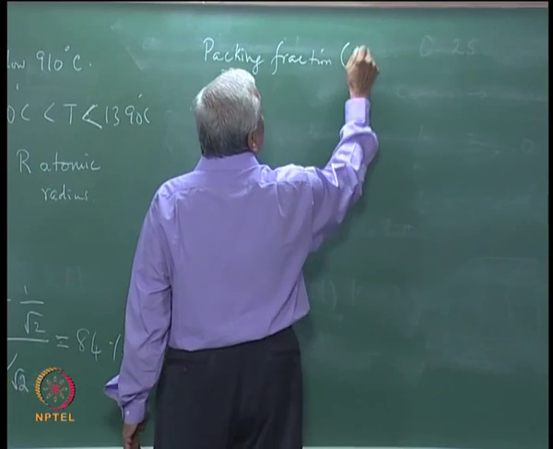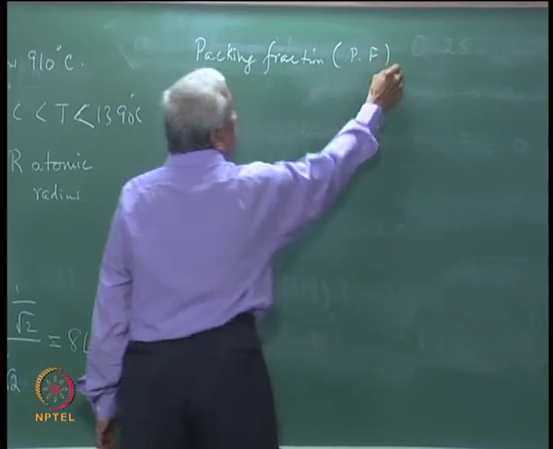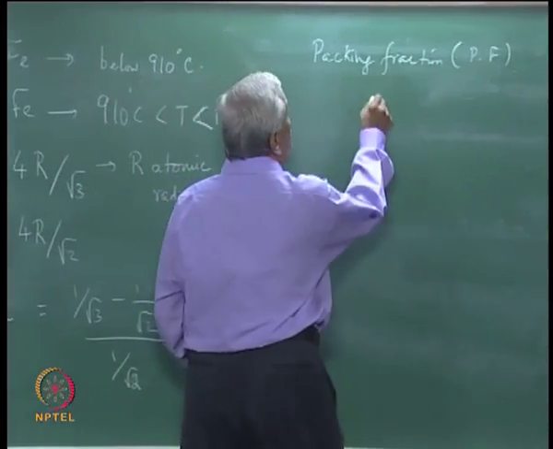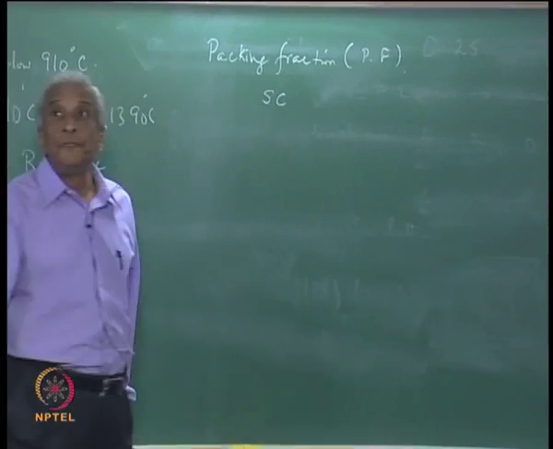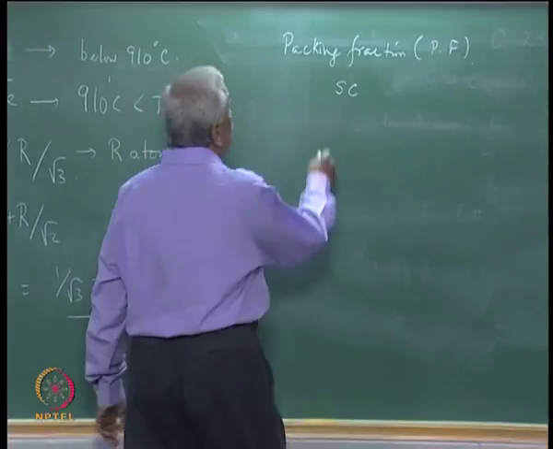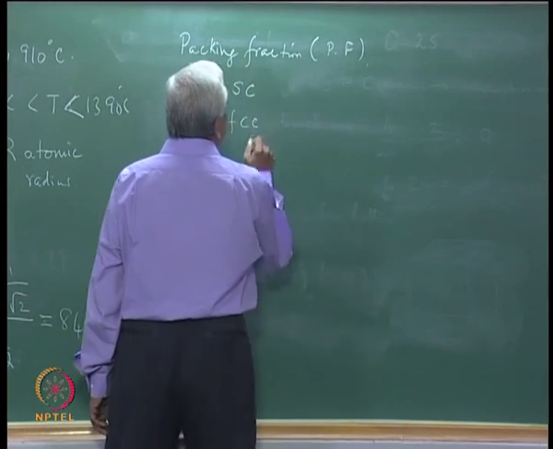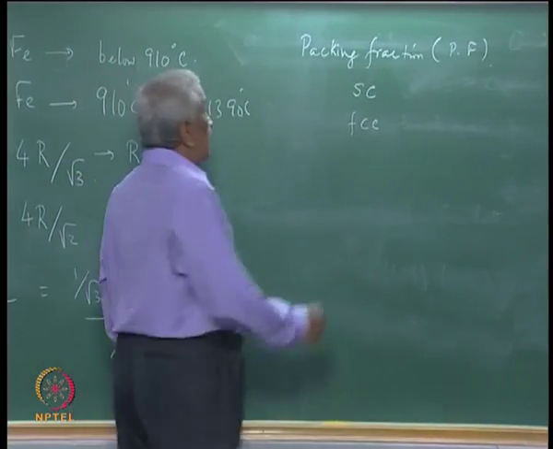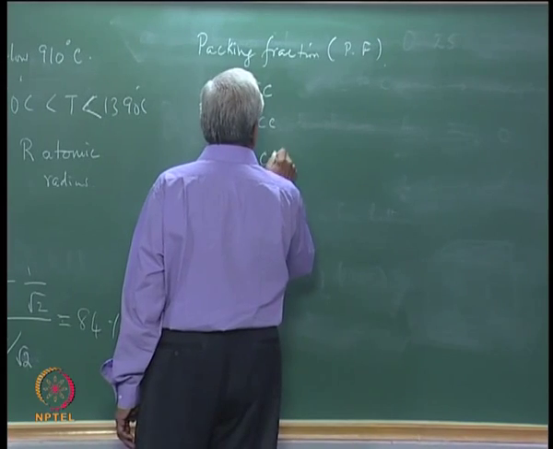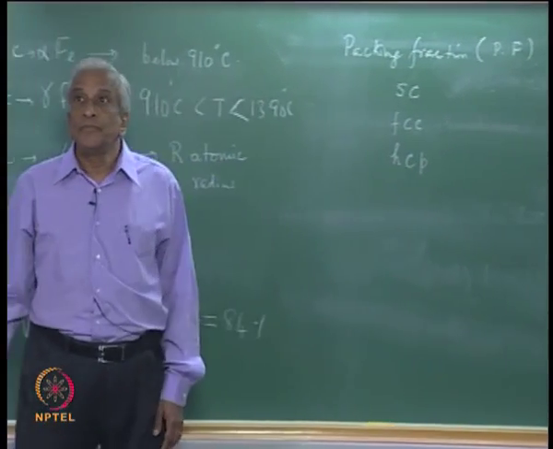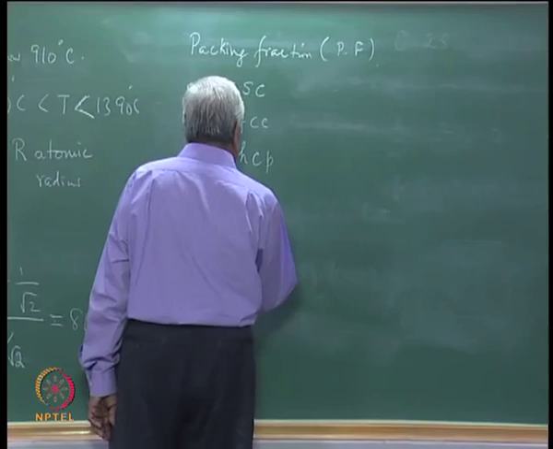In short, it can be written as PF. For the simple cubic structure, for the face centered cubic structure, for the hexagonal close packed structure, and for the diamond structure.